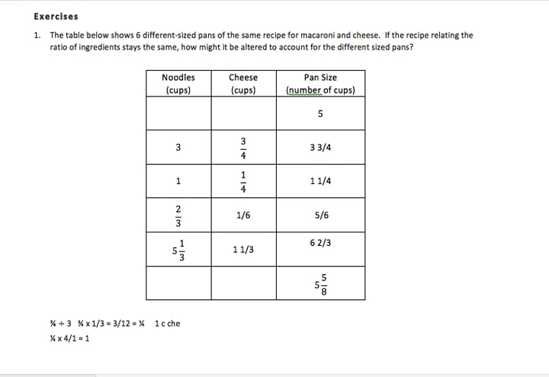We can then use that ratio to take a look at what we might be missing. 1 cup of cheese and 4 cups of noodles would add up to 5 cups altogether. So our first entry is actually rather easy.